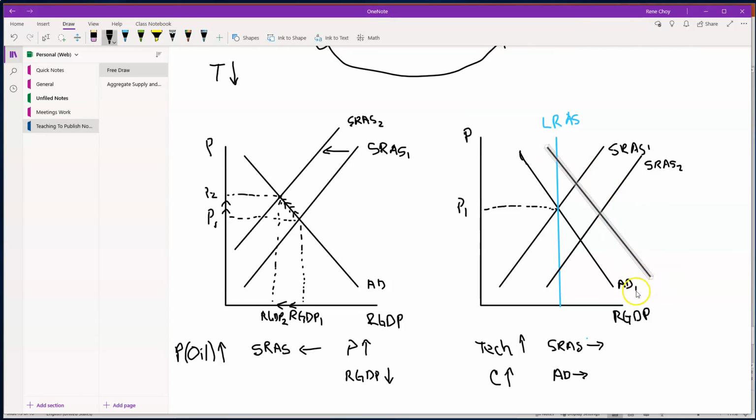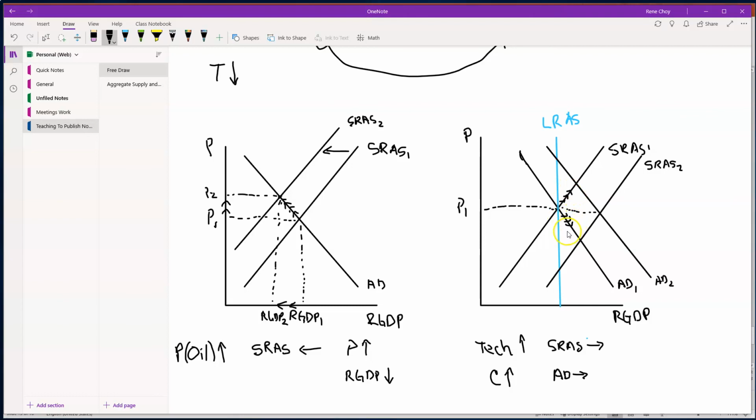So we'll go from aggregate demand 1 to aggregate demand 2. Now, as that occurs, notice that in a basic way, we're going to be moving from this equilibrium to this equilibrium. Now, we could follow this sort of path, or we could follow this sort of path to get there.